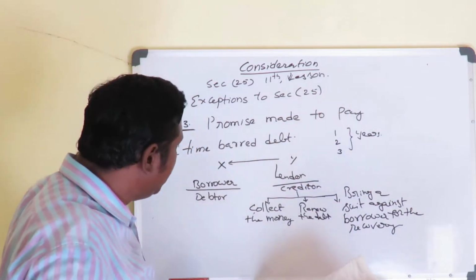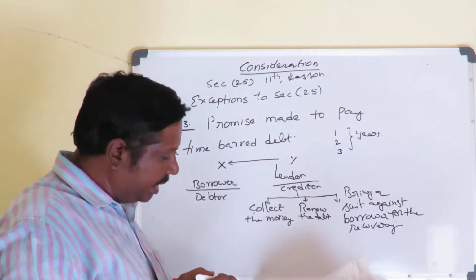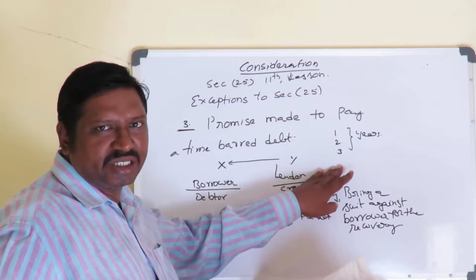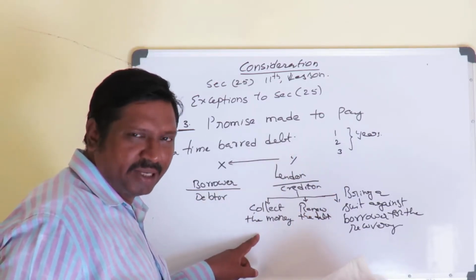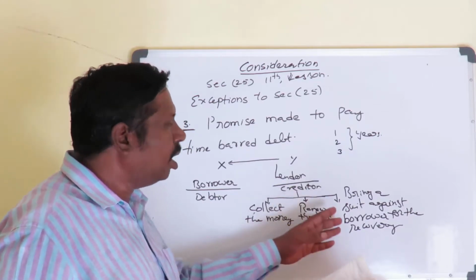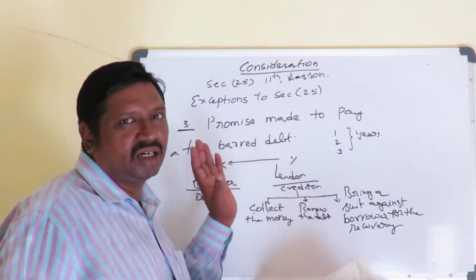What does Mr. Lender need to do here? Within these 3 years, as per the Limitation Act, Mr. Lender needs to either collect the money, get back the money, or at least renew the debt, or bring a case against the debtor, the borrower.